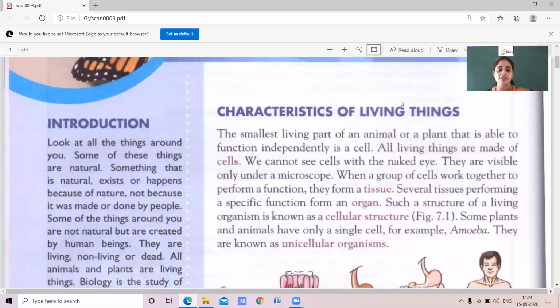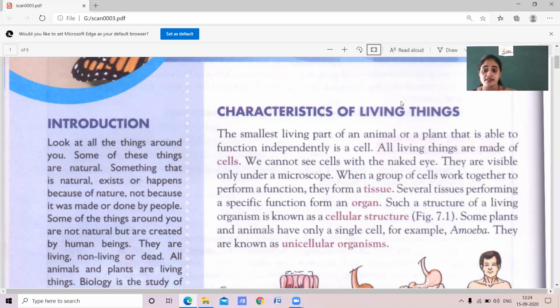Characteristics of living things. As I have told, the smallest part of an animal or plant which is able to function independently, we call it a cell. Cell is a basic unit. Students, cell is a basic unit.